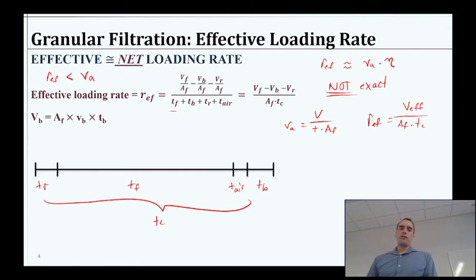And that's why if we extended this air purge time, or had some other interruption, that really could change the effective loading rate. Okay, but if the air purge is 5 minutes, the difference between the effective loading rate and the actual filtration loading rate times this ratio is going to become pretty small, right?